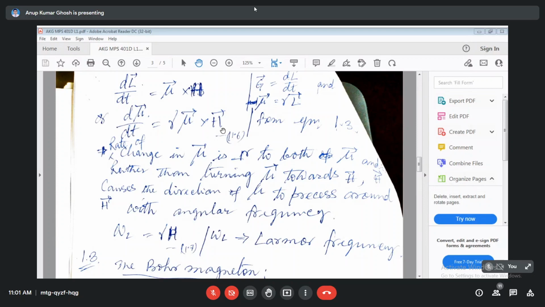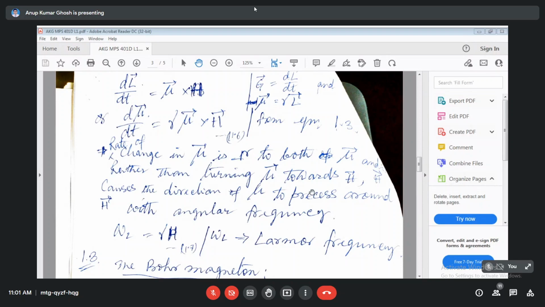So it is not simply the orientation towards the z direction, or the direction of the magnetic field.